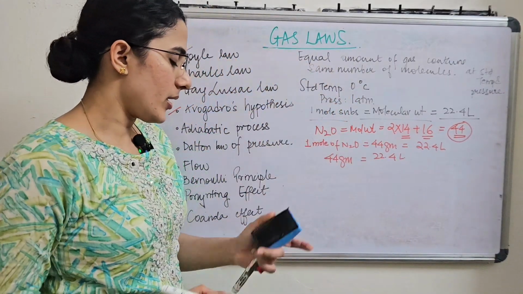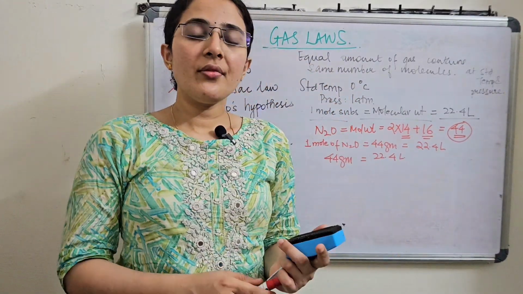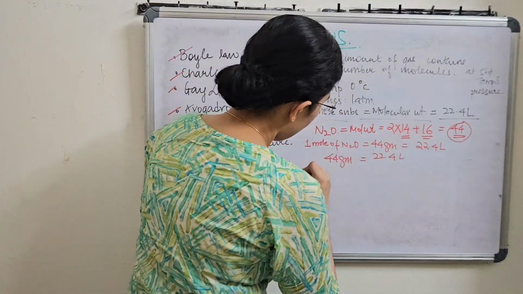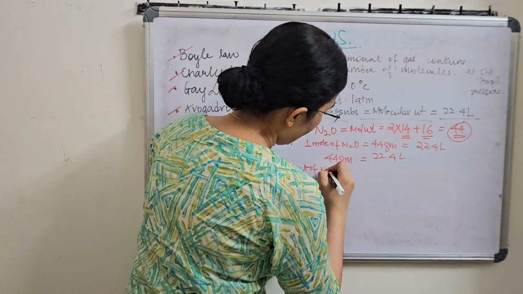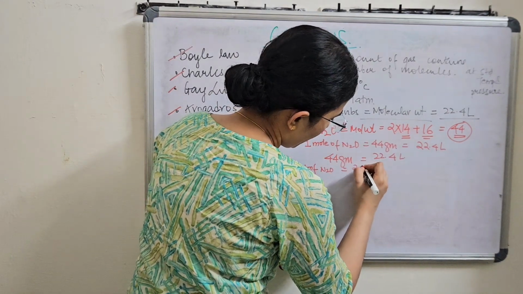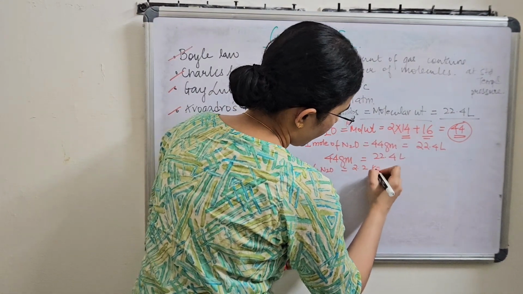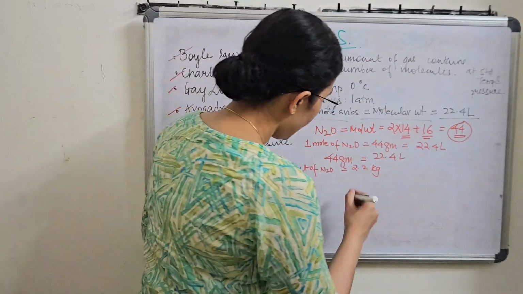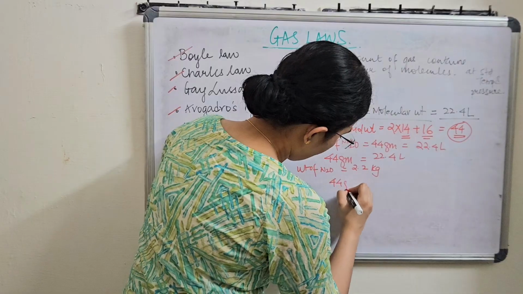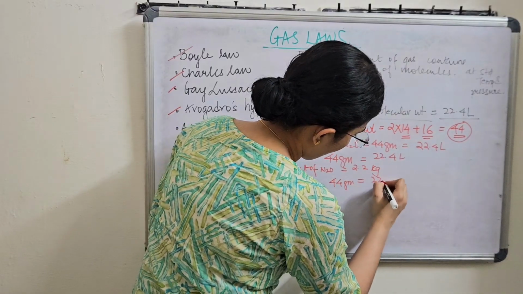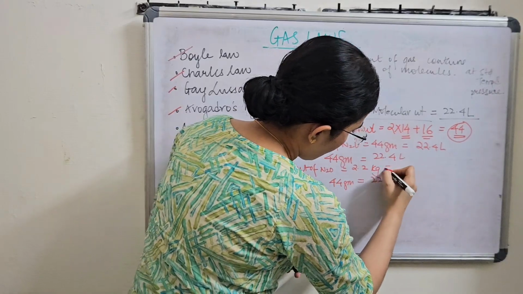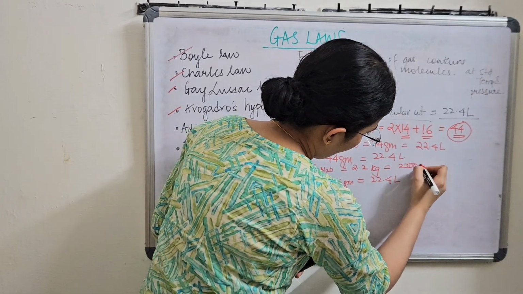So when we take a nitrous cylinder, the weight of the nitrous, usually excluding the tare weight, comes to about 2.2 to 2.5 kg. For convenience, we'll take about 2.2 kg. So 44 grams contains 22.4 liters, and 2.2 kg is nothing but 2200 grams.